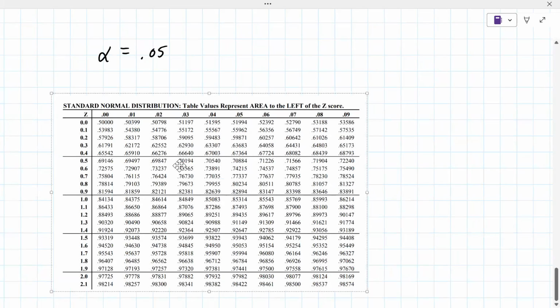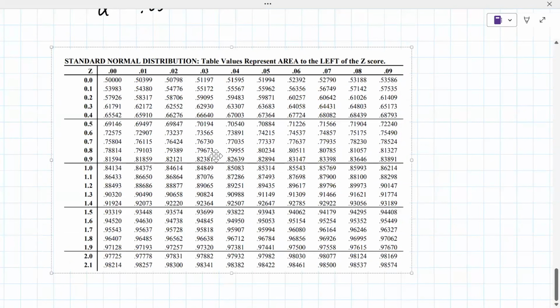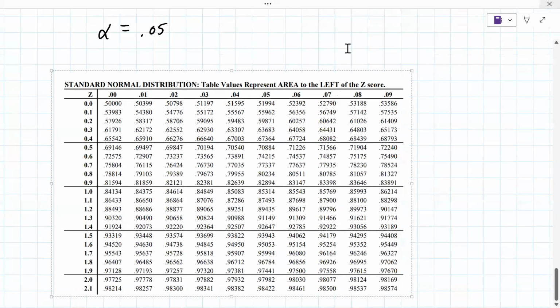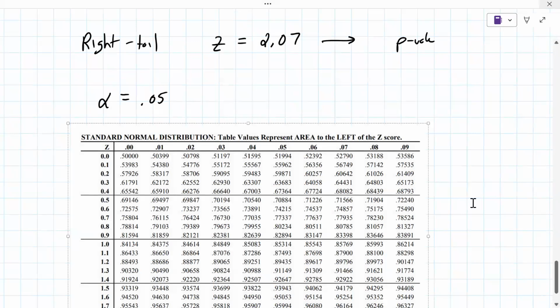So if I snip in this Z table and you're looking for 2.07, do you know where to look in the table to find it? Yes. Okay. 2.07. I'm looking at mine now.